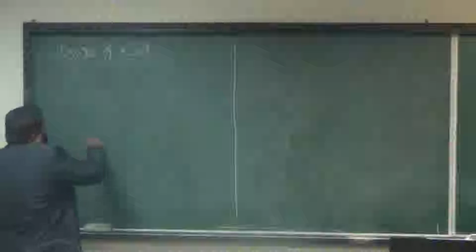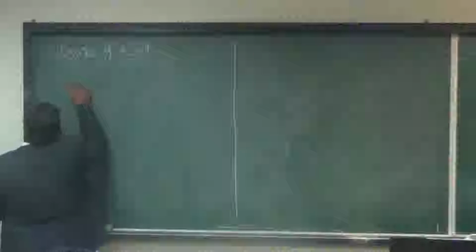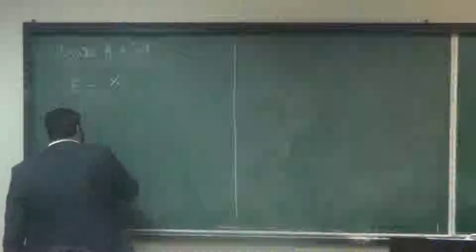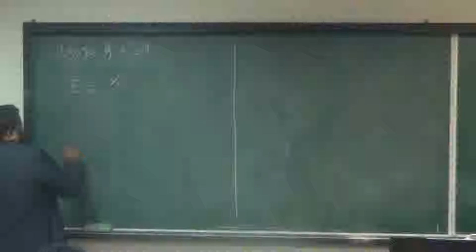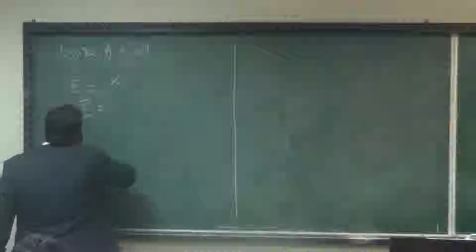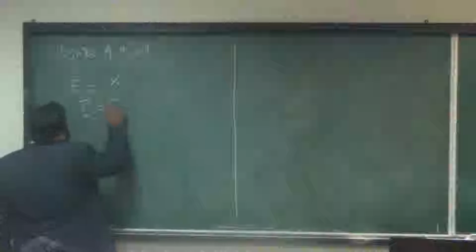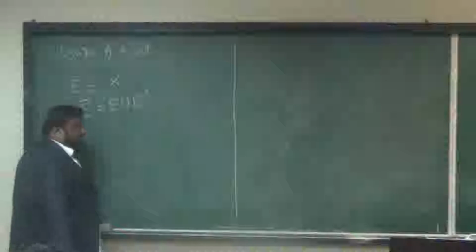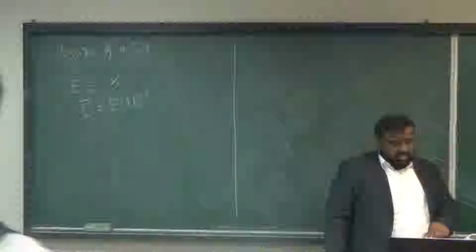So if we say that E is a subset of a metric space X, we're going to say that E is closed if E is equal to E union the set of all limit points, accumulation points, whatever you call it.